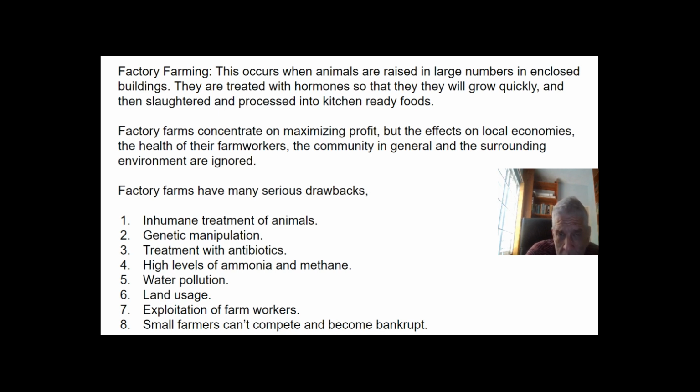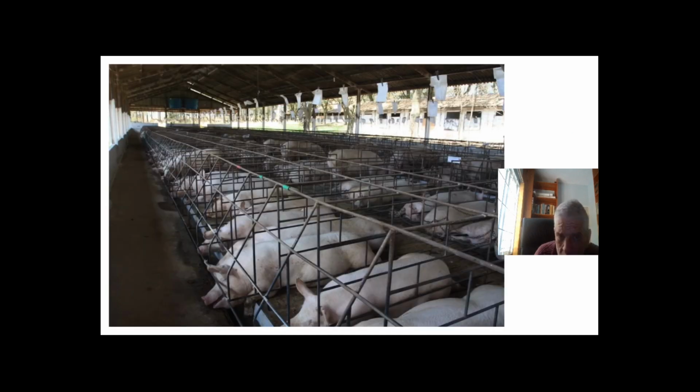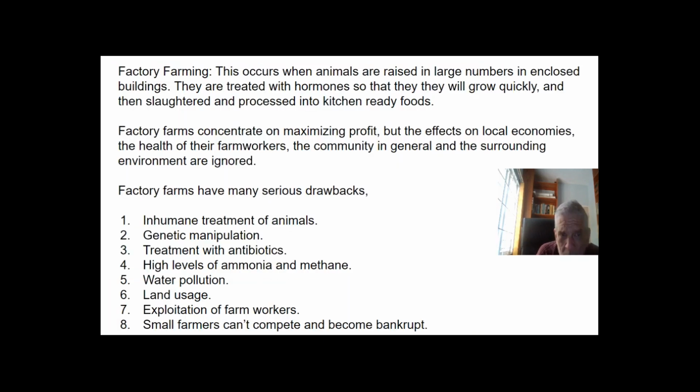And the environment is probably not terribly healthy. Factory farms have serious drawbacks. The inhumane treatment of the animals, living in conditions like that, is inhumane. Genetic manipulation: these animals are often genetically modified.